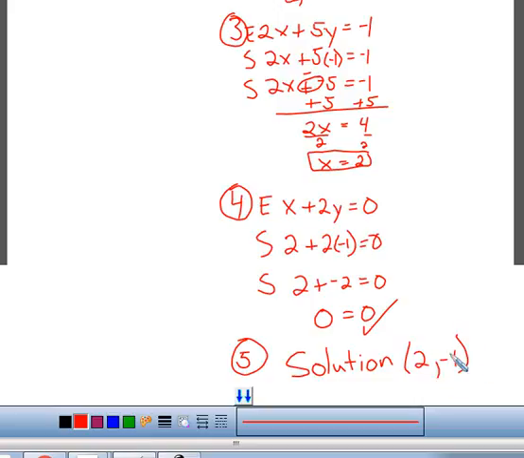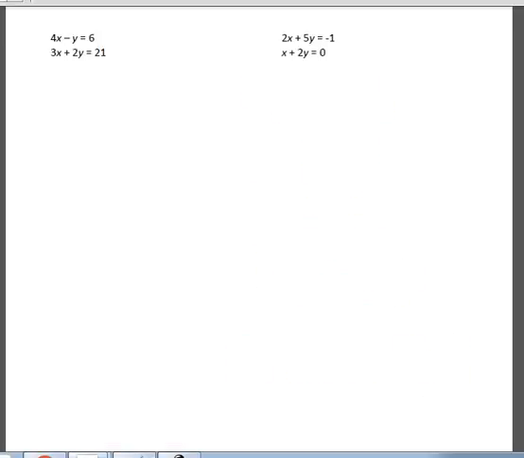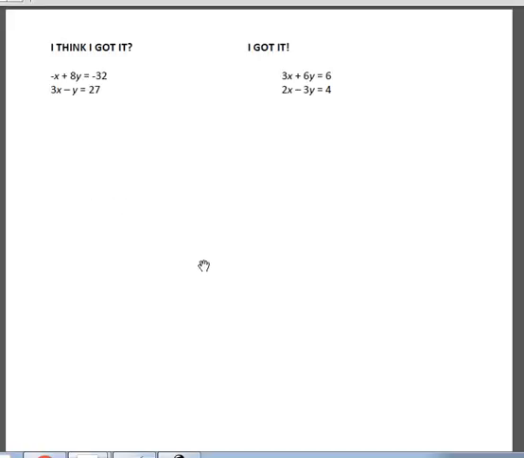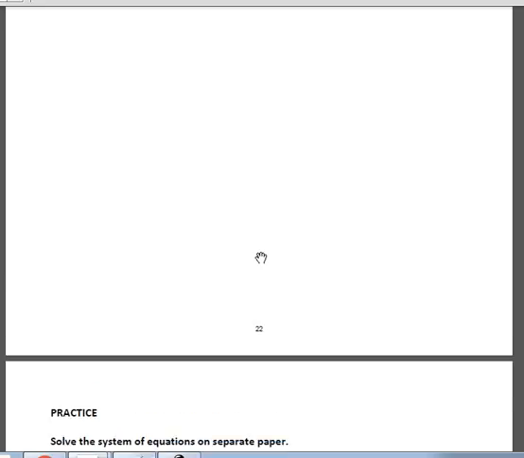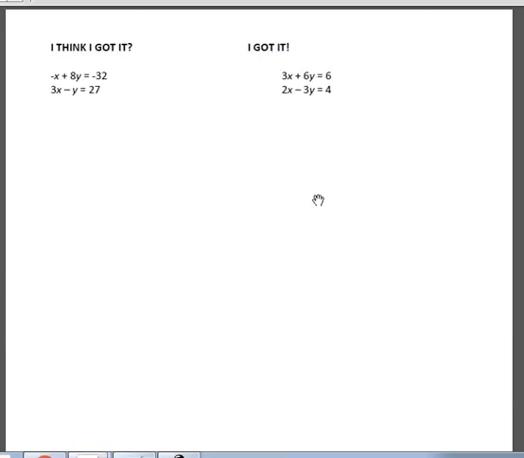You are a superstar if you got it. Alright, not too bad. Here's what I'm going to do. Over on the next page, page 22, there are 2 more examples. I would like you to try, and I'll let you pick either one.